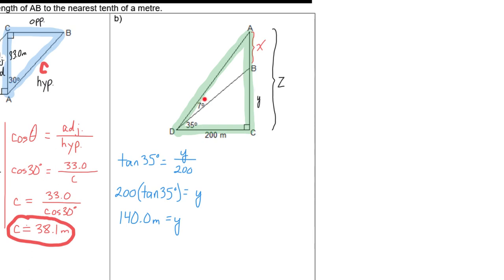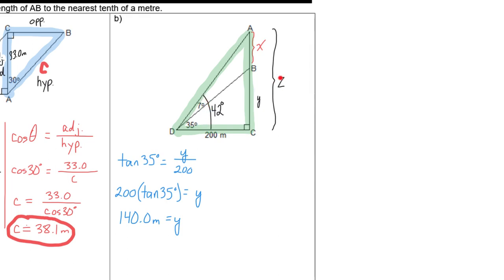But the angle we need to use is the angle all the way combining both of those angles. So the angle we're actually going to use here is 35 plus 7, which is 42 degrees. So the angle that we're using as our reference angle is 42 degrees.